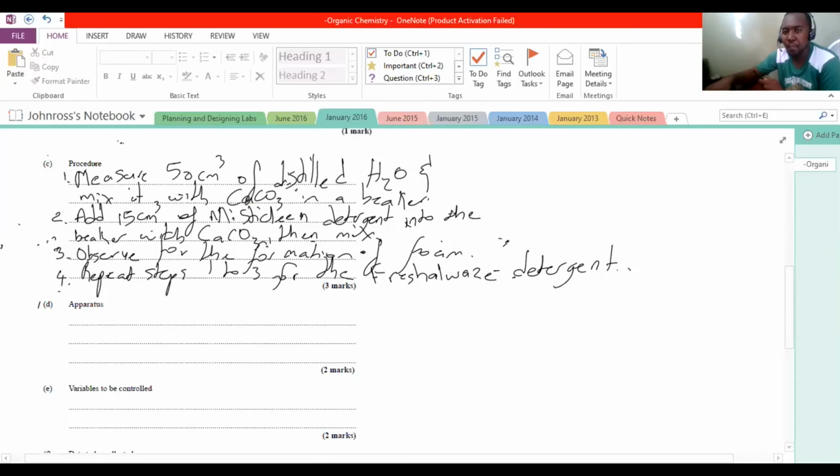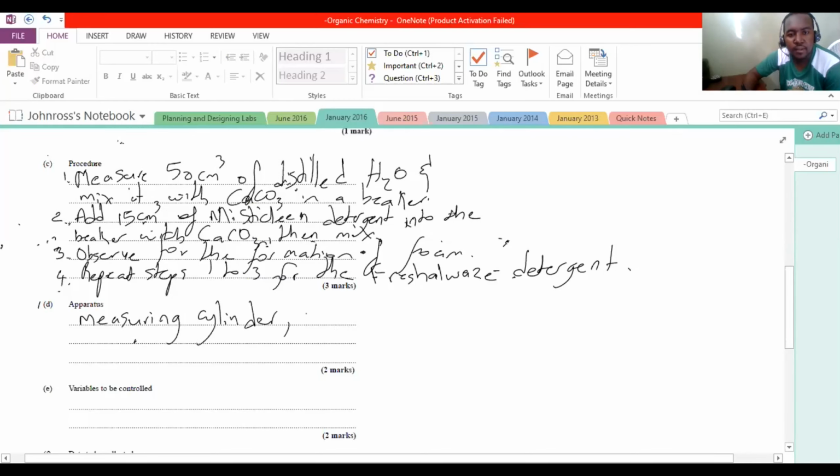All right, that's clear? Yeah. All right, great. And then our apparatus, again, we just identify the things that we used from our method provided there. We measure 50 cm cube, so that means we use a measuring cylinder to measure that volume.